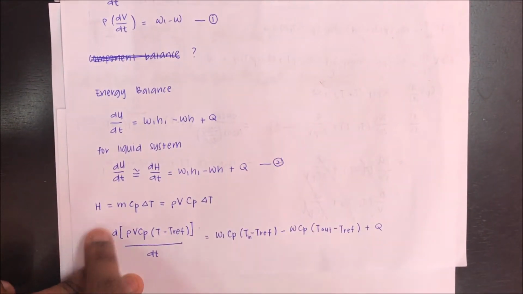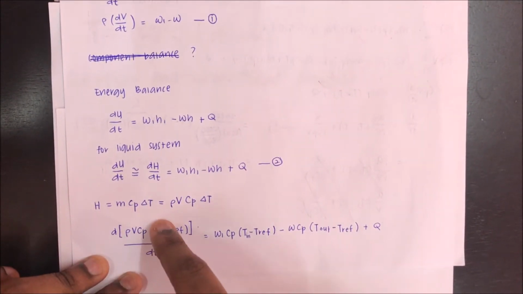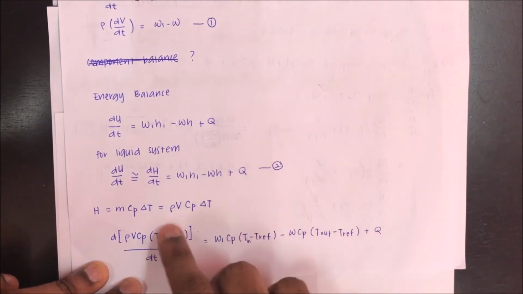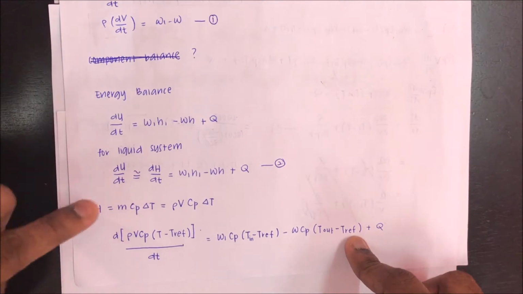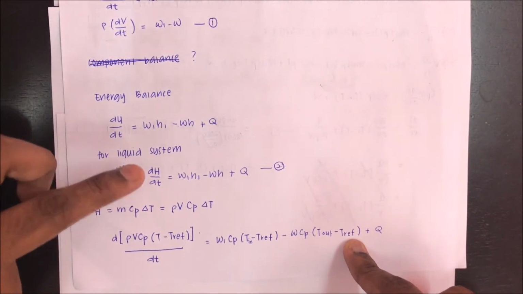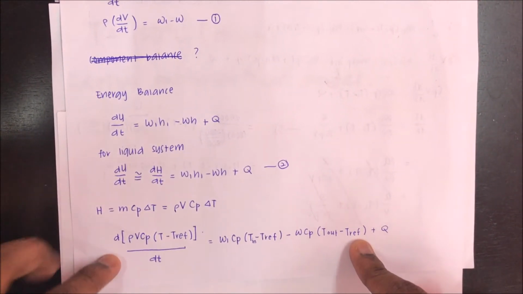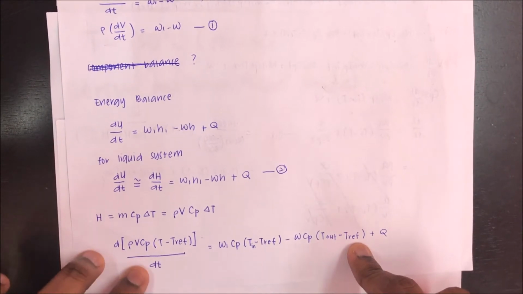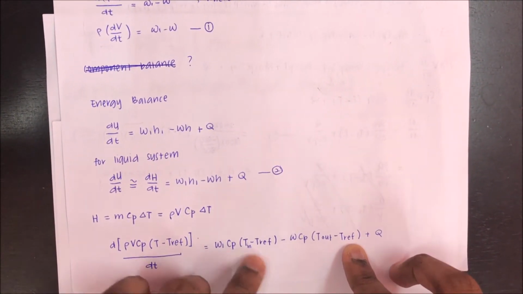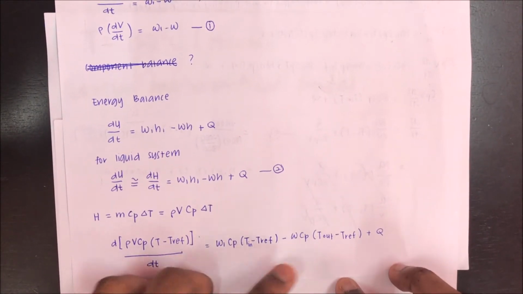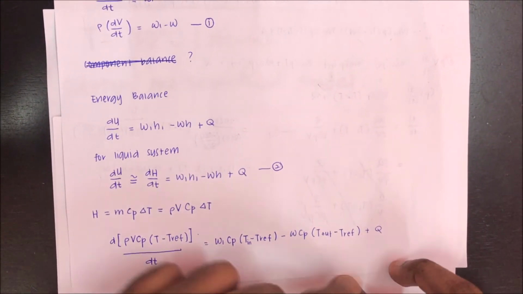And we know that H is m Cp delta T, which is also equivalent to rho V Cp delta T. So substituting this into the equation, we get d rho V Cp (T minus T ref) over dt equals Wi Cp (T in minus T ref) minus W Cp (T out minus T ref) plus Q.